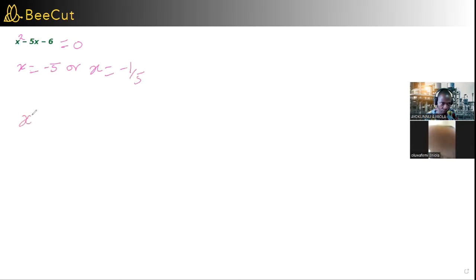So we have x squared minus 5x minus 6 equal to 0. So you're looking for two numbers to multiply to give you minus 6 and to add to give you minus 5. Now, we have two numbers to multiply to give us this, and two numbers to add to give us this.